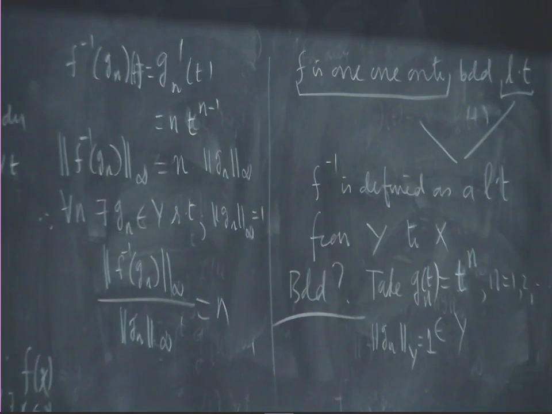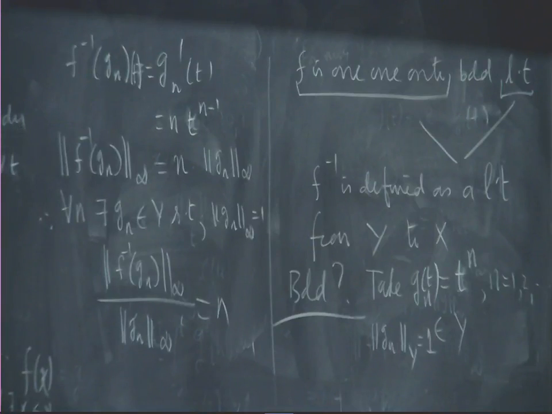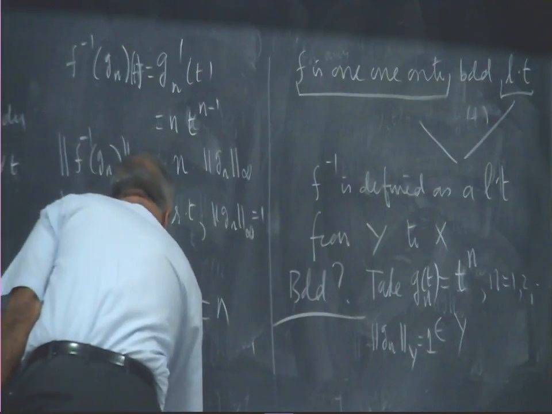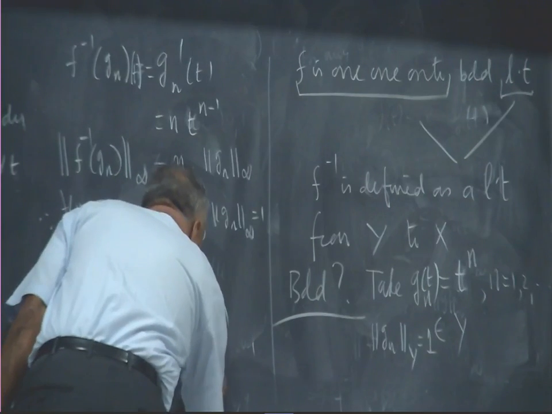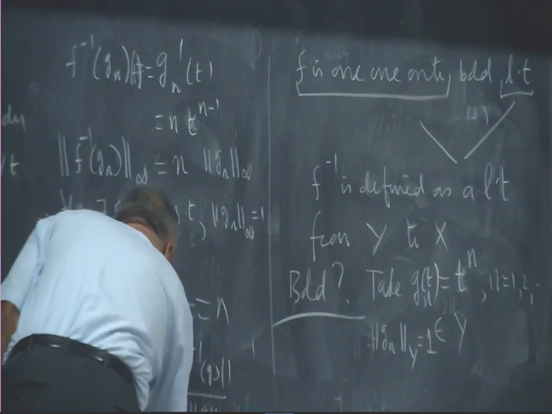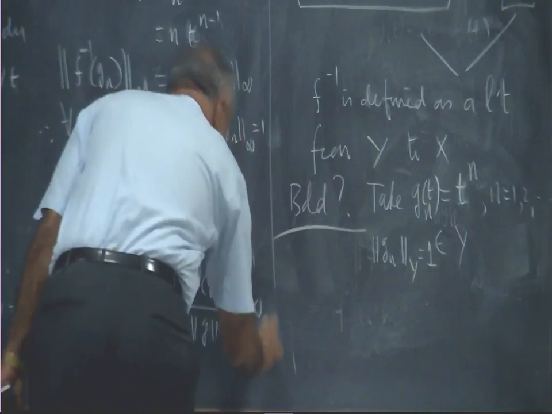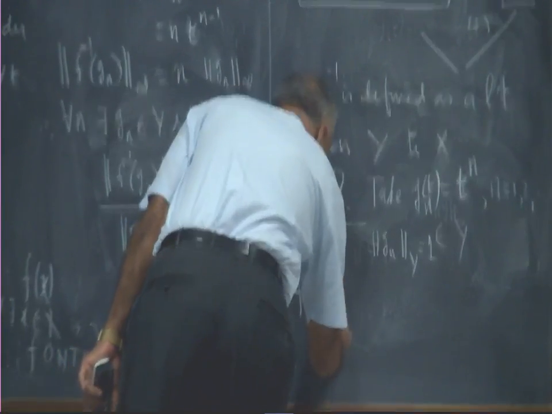If you want to put n plus 1, there is a fellow who reaches that also. So what will be the supremum of all these? It will be more than all the n's, and therefore it will be infinity. Therefore, the sup of norm of F inverse g divided by norm of g, where g belongs to Y, g not equal to 0, is infinity. Therefore, F inverse is not bounded.